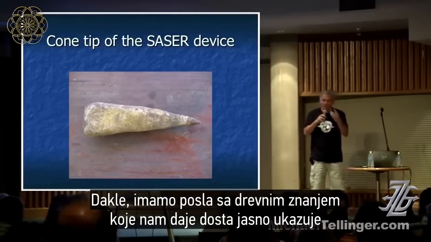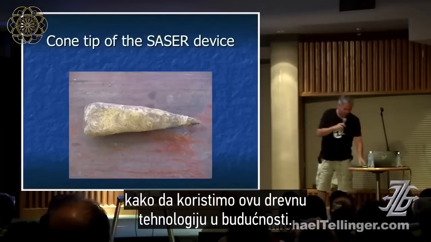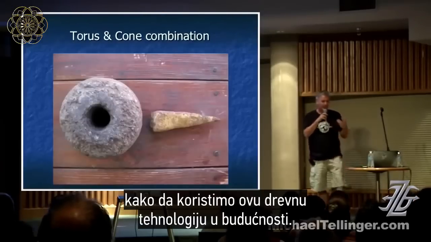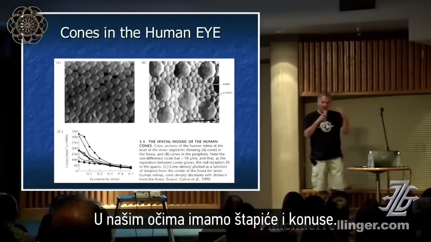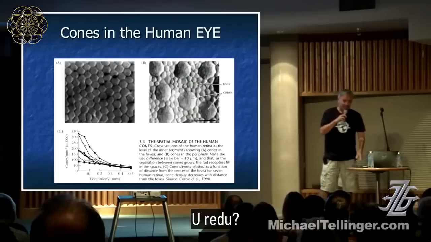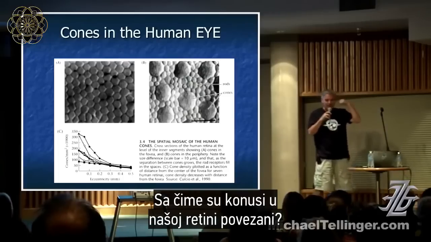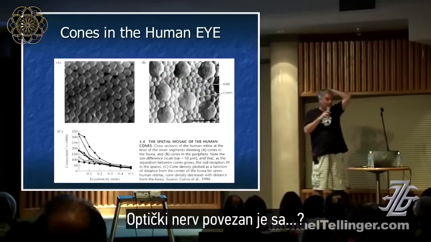So we're dealing with some ancient knowledge that's giving us a very clear indication of how we can use this ancient technology into the future. Keep in mind, what have we got in our eyes? In our eyes we have rods and cones in our retina, right? What are the cones in our retina connected to? The optic nerve is connected to?